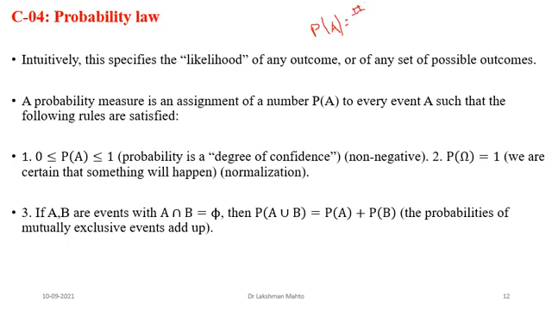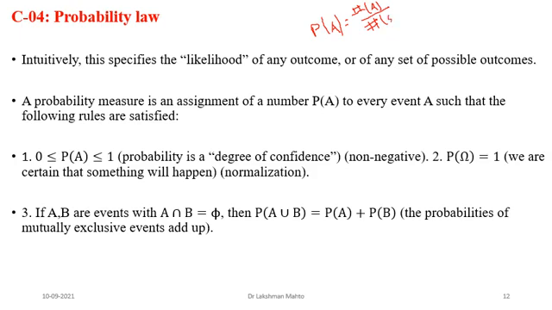In short, I will write hash to mean the number of times that A occurs. Hash is talking about count. This notation might be clear to everyone. Divide by the number of times of the collection of all possible outcomes, so I am putting it as omega.